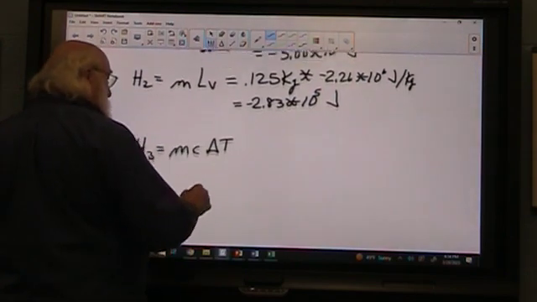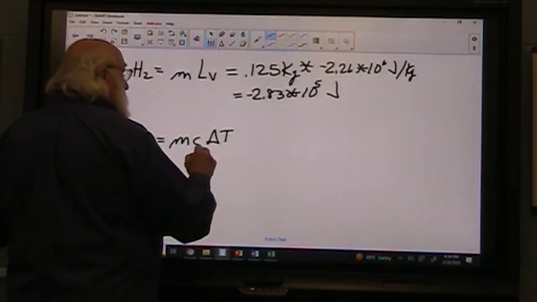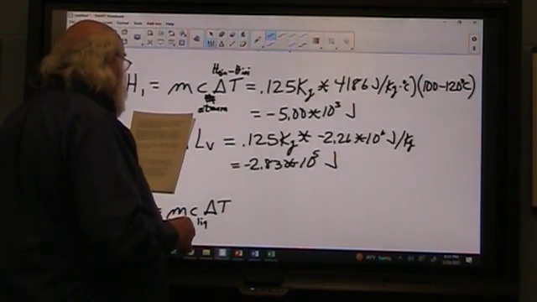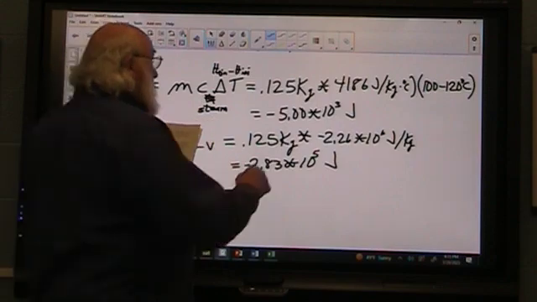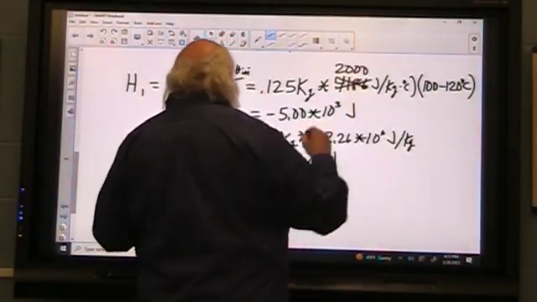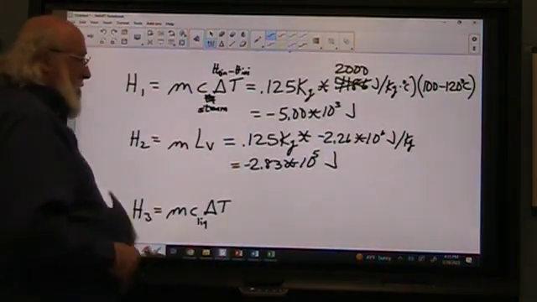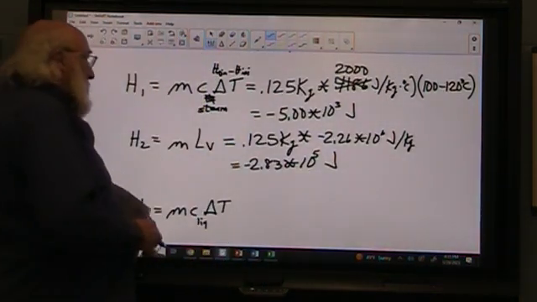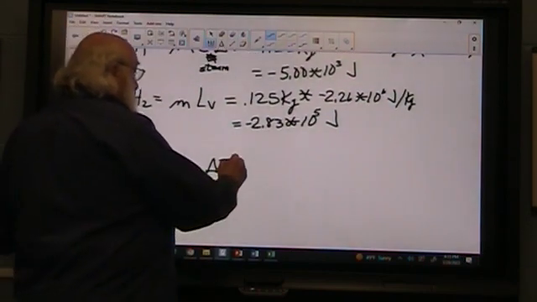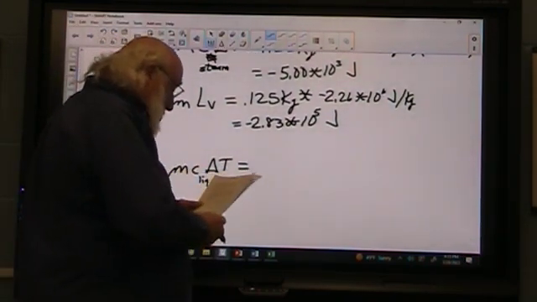And this is liquid water right here. Uh-oh, did I punch the wrong number there? I did. So that should have been 2,000 right there. That's 2,000, and that gave me the negative 5. So I put the wrong number there. Again, not looking at my paper too closely, and that cost me yet again.